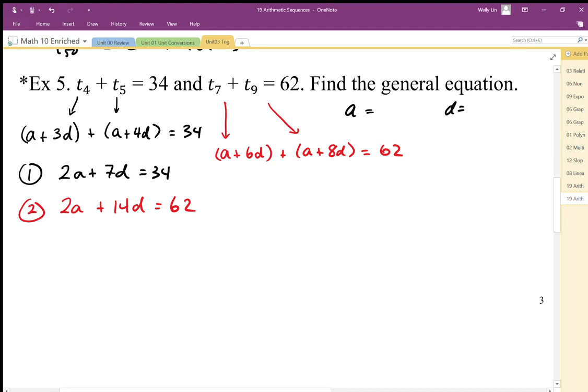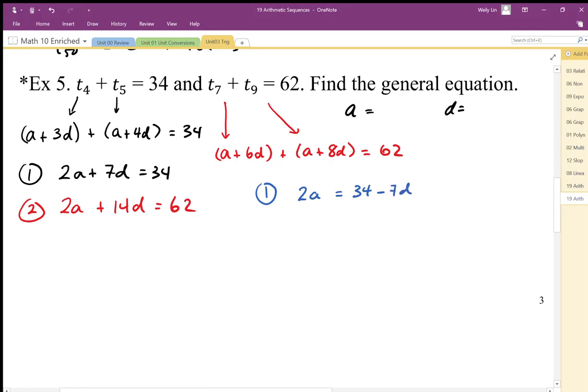Now we can guess and check this and figure out what a and d are that are going to work for both of these. I'm going to show you a method that we're going to learn a little bit more in depth later on, but I'm just using the idea that a balance means it's equal. If something is equal, then we can replace like for like. So if I take a look at equation 1, I'm going to say that equation 1 rearranged is the same as saying 2a is equal to 34 minus 7d.